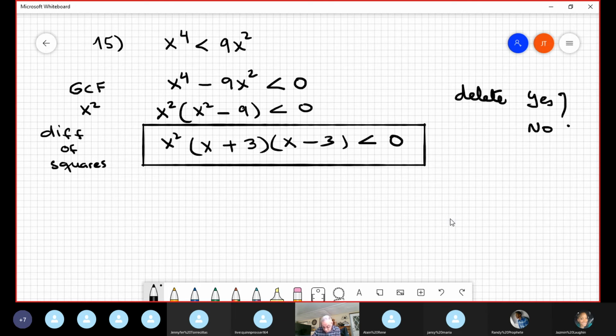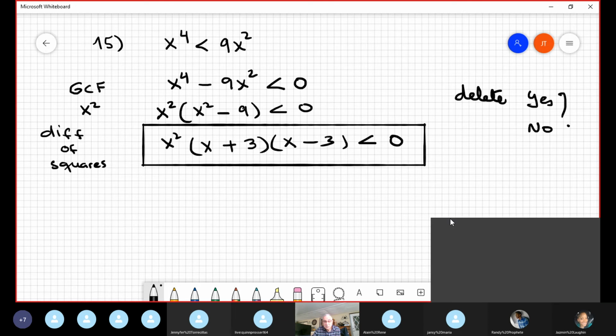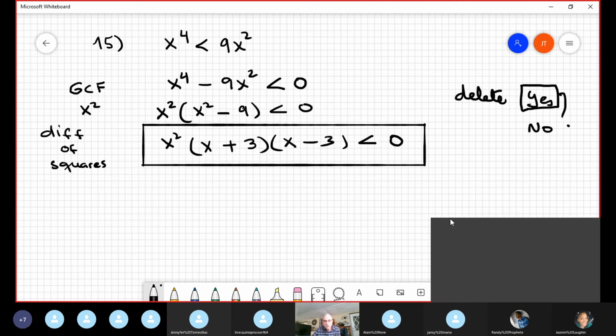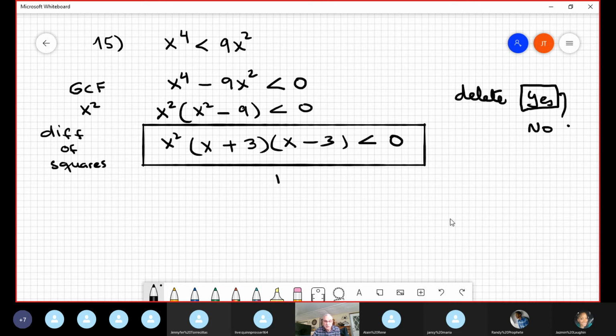In this case, delete or no, partially or totally, or I don't know? Yes, what does yes mean? Delete, but totally or partially? Partial, very well. And what does it mean to be partial?